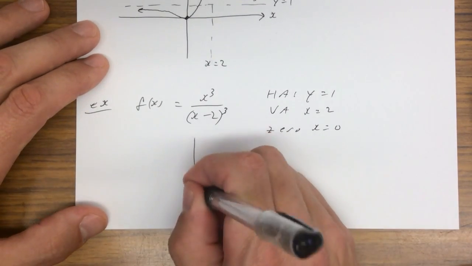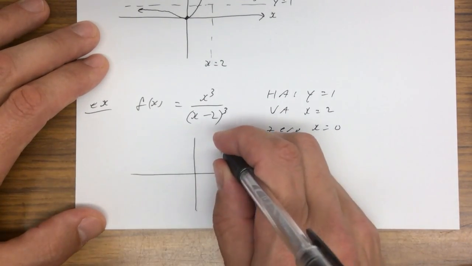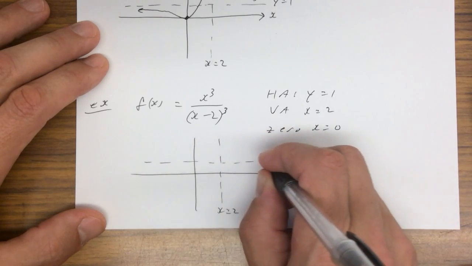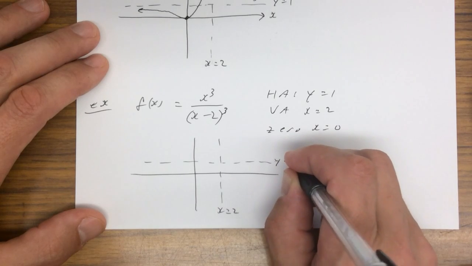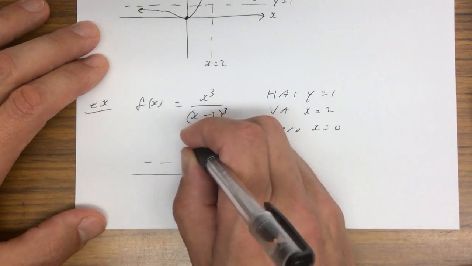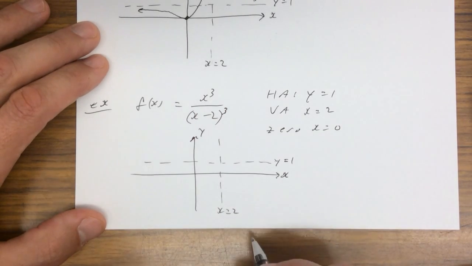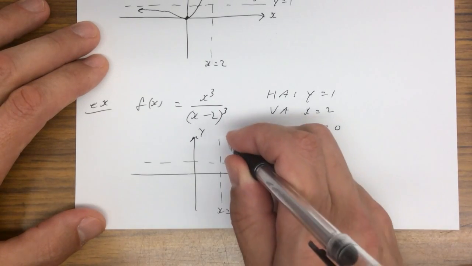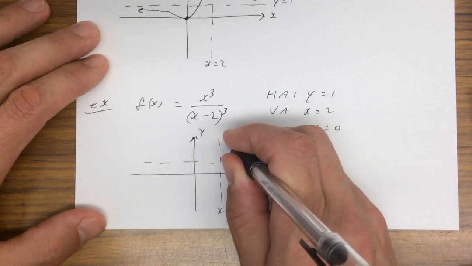And when we graph this, we put in the asymptotes, x equals 2 and y equals 1, and the same thing is going to happen over here. It can't go through here, so we're going to have this.